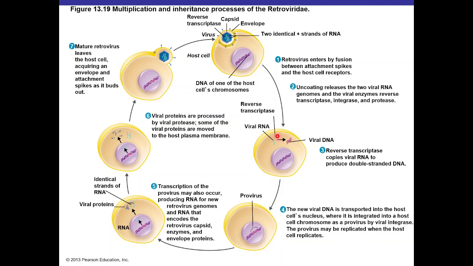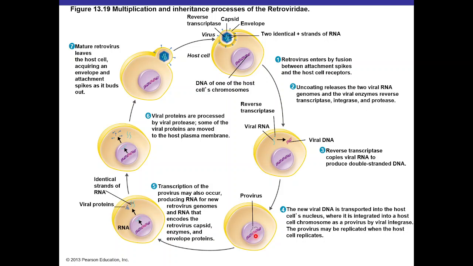Now, the reverse transcriptase is going to make viral DNA, and this viral DNA will go into the host cell nucleus, and with an enzyme called integrase it will integrate the viral DNA into the host cell DNA, making what we call a provirus.